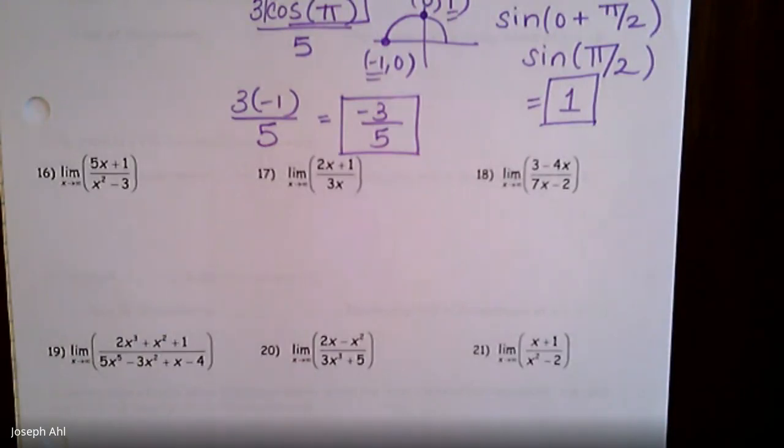A little bit different than plugging in as x approaches a numerical value. I'm not seeing any yeses in the chats or people jumping up in excitement over limit as x goes to infinity.